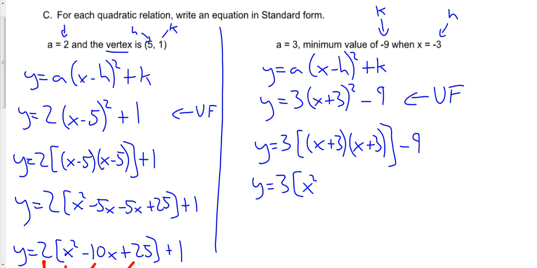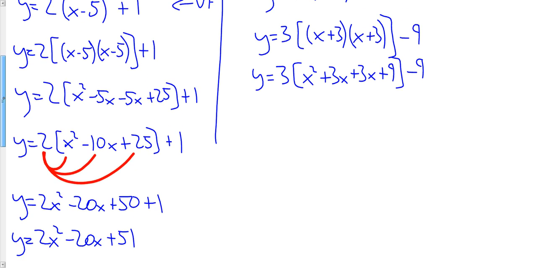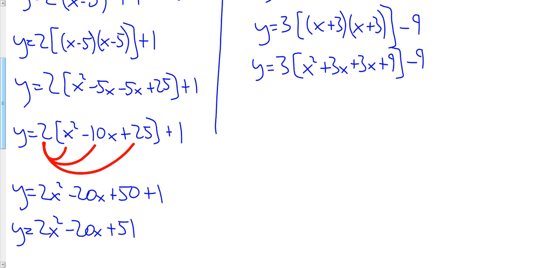X times positive 3 is positive 3x. Positive 3 times x is another positive 3x. And positive 3 times positive 3 is positive 9. And then again, negative 9. Now I need to collect my like terms. So y is equal to 3 times (x squared plus 6x plus 9) all minus 9.